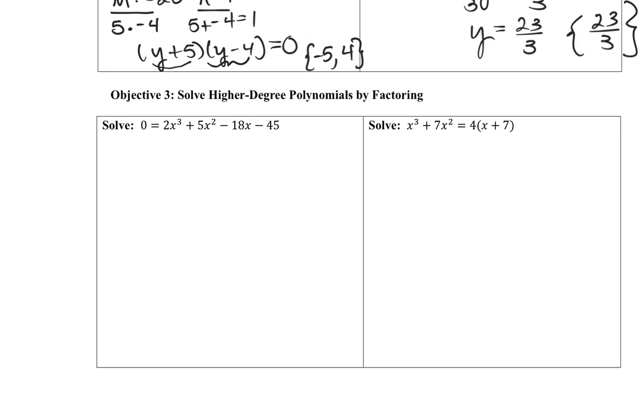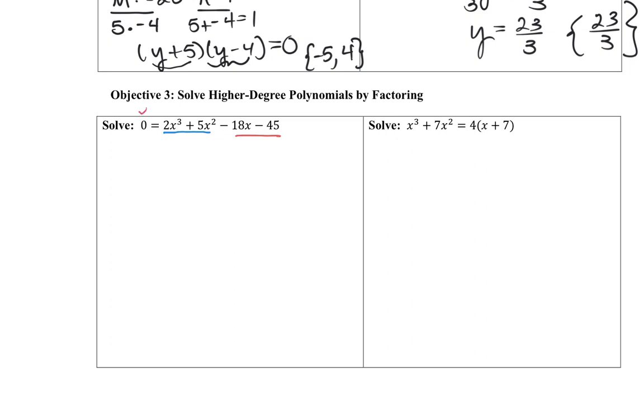So now, higher degree polynomials by factoring. At this point, the only way to do one like this is to factor by grouping. You notice they've given us 1, 2, 3, 4 terms, right? So I'm going to group these two and these two, and hopefully it's going to work out because it's already equal to 0, right?